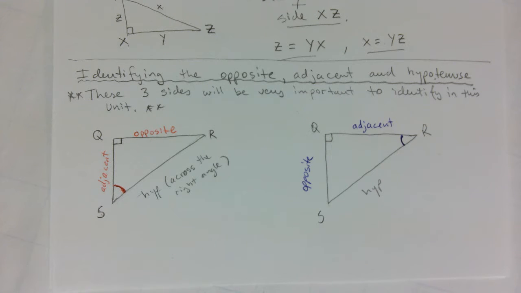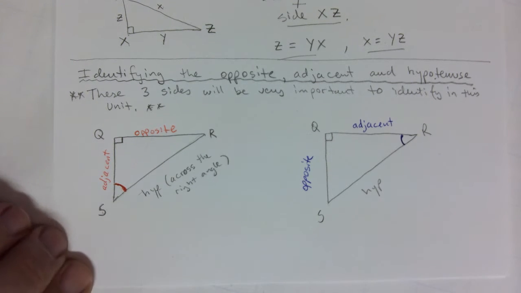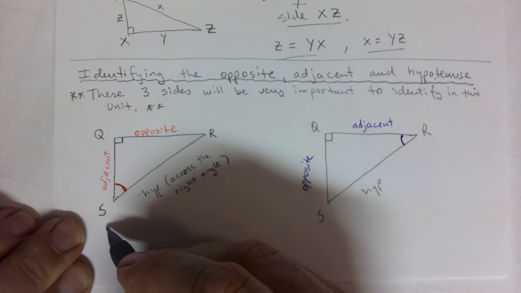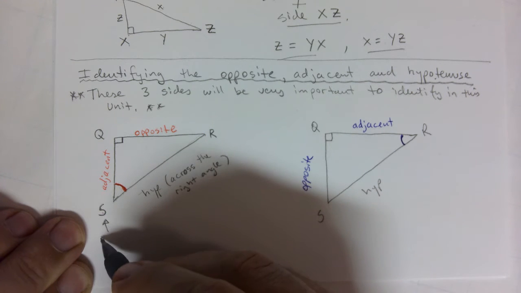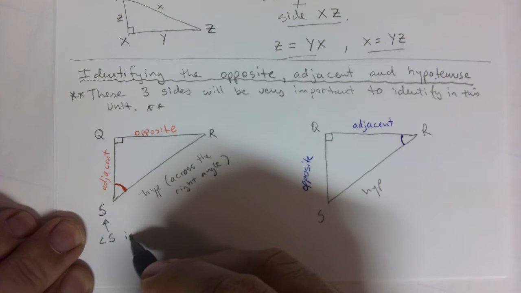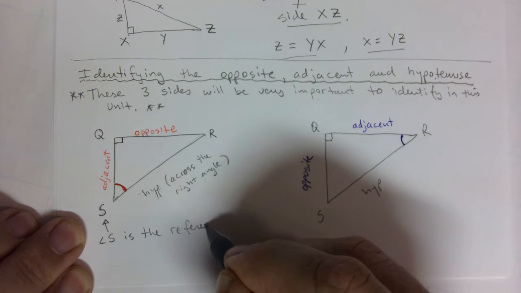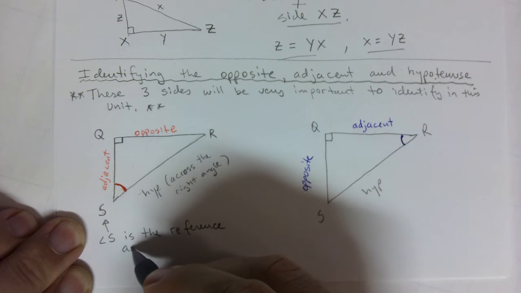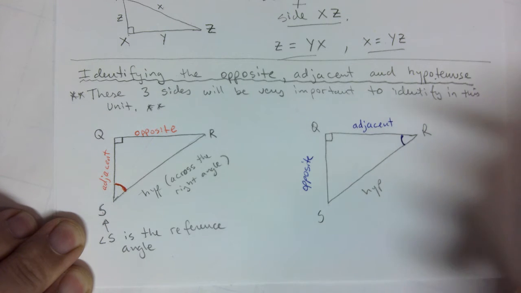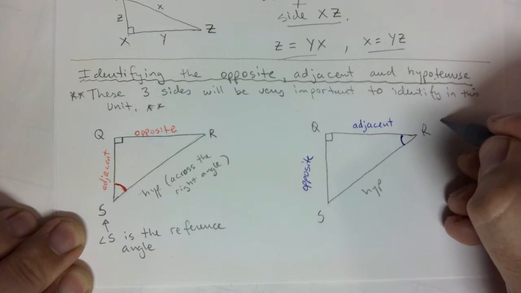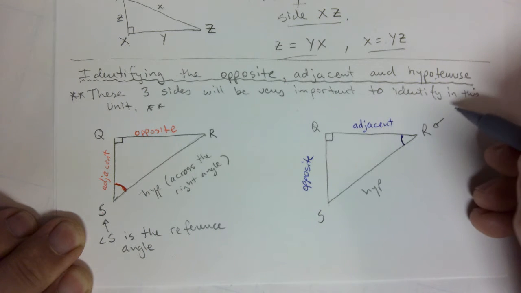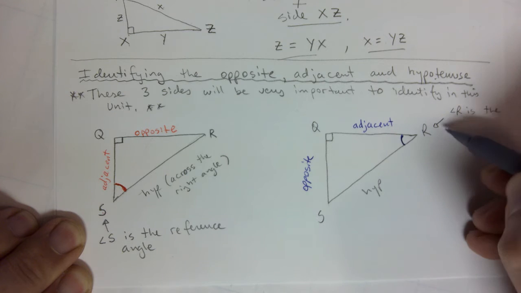And I'll make a little note, just an arrow here: angle S is the reference angle. And here I'll put an arrow down, saying angle R is the reference angle.